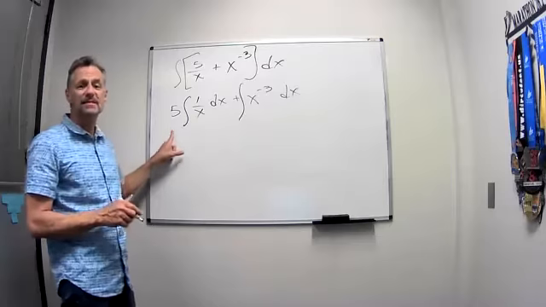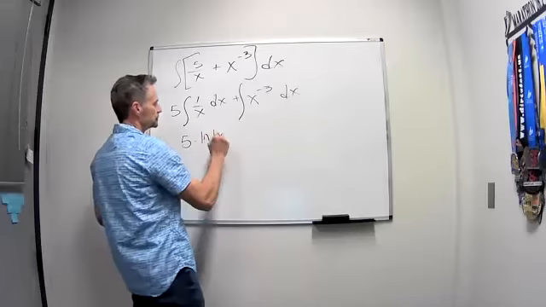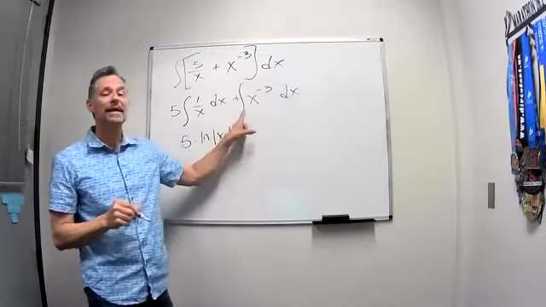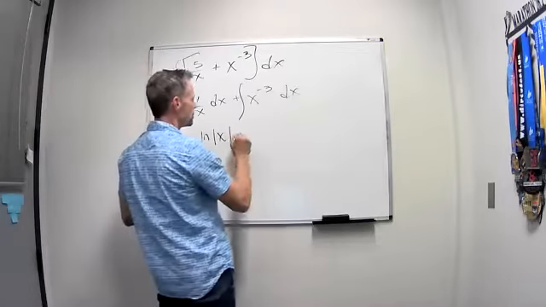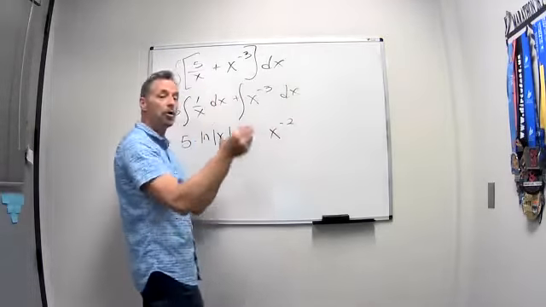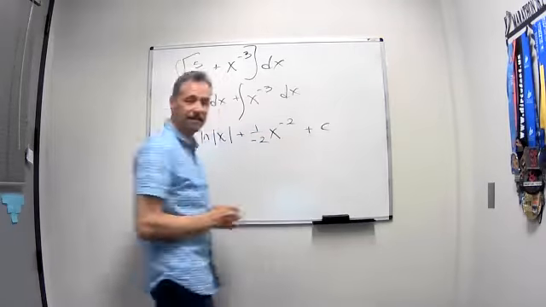So this one we can say it's 5 times the ln of the absolute value of x. This one we're going to add 1 to the exponent, negative 3 plus 1 is a negative 2. Multiply by the reciprocal, and then plug in your plus c at the end.